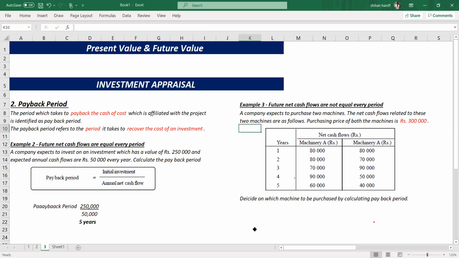So based on the payback period, you have to decide which machine we should purchase. Cost of the machine is 300,000. It was a mistake.